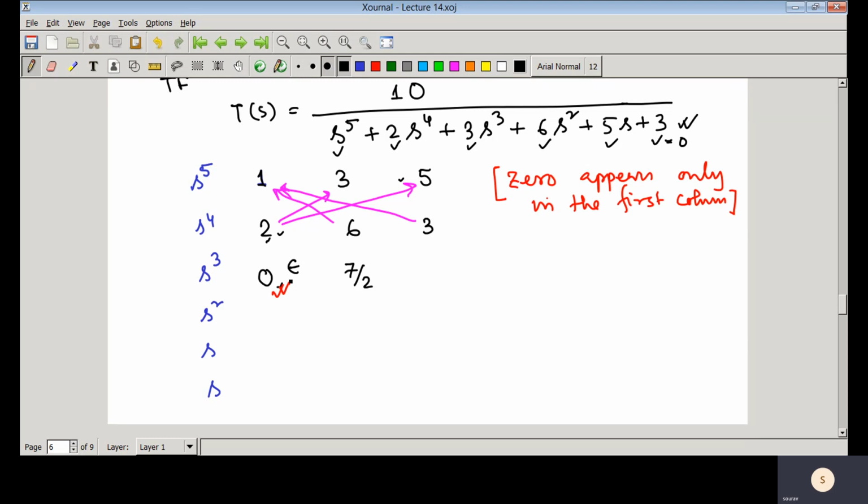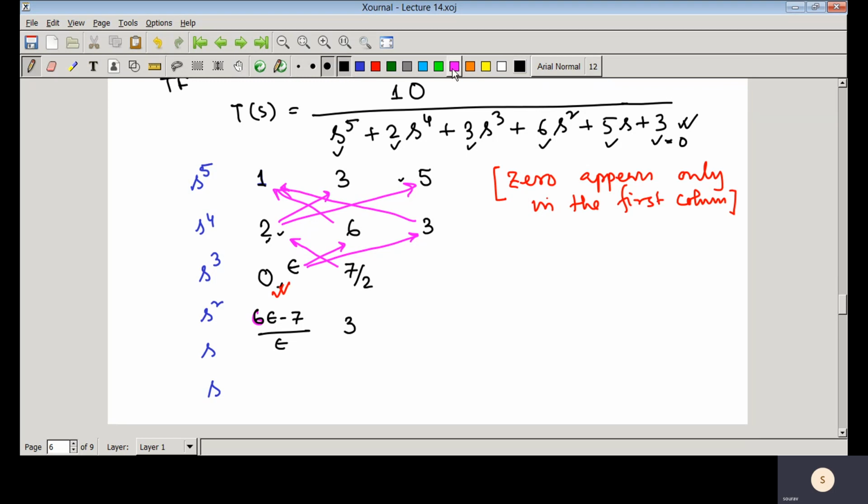If we proceed, what we would have is 6 epsilon minus 7 divided by epsilon, and the next one is epsilon into 3, that is 3 epsilon minus 0 by epsilon, so that would be equal to 3.